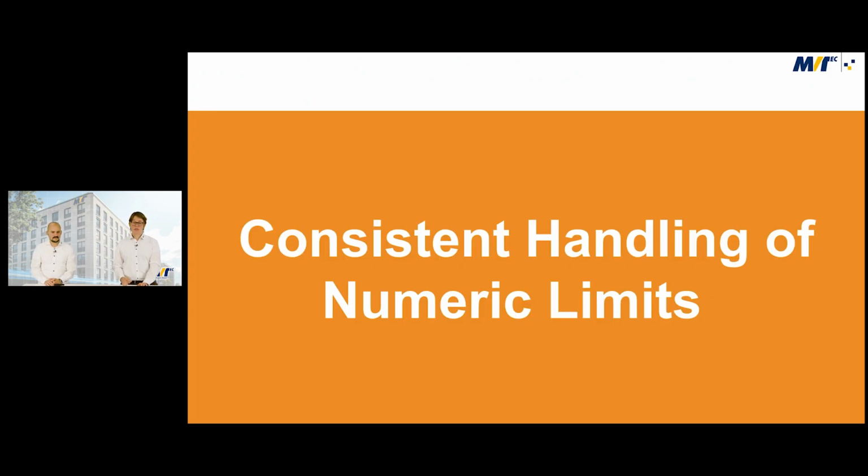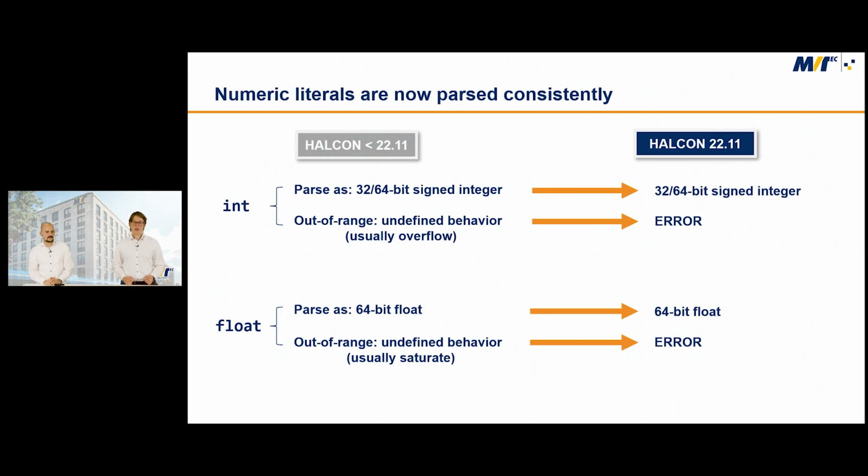Then we come to another improvement: the handling of numeric limits is now consistent within HALCON. Before 22.11, passing a numeric literal as a 64-bit or 32-bit integer would always be assigned as a signed integer.